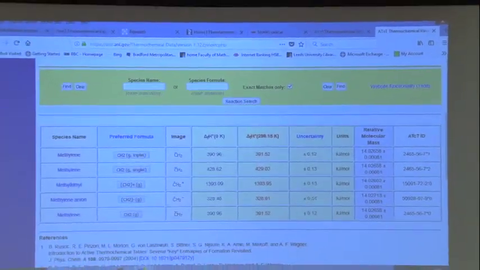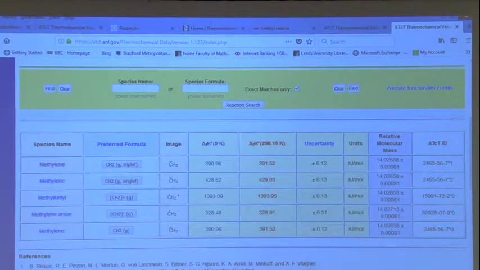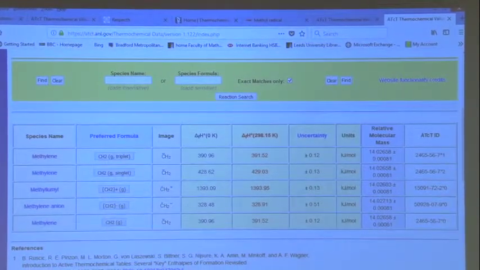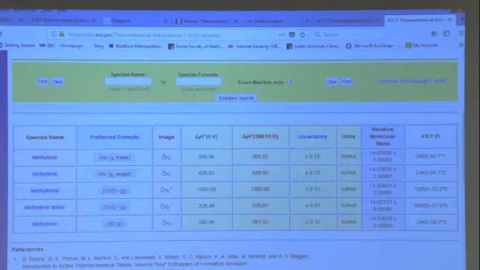And methylene, as we said, can exist as a triplet and a singlet. And those are the enthalpies of formation. And once again, they're really very, very accurately determined to the order of something like 1/10 of a kilojoule per mole. And those give us the most accurate assessment we can have of the difference in energy between this singlet and triplet.